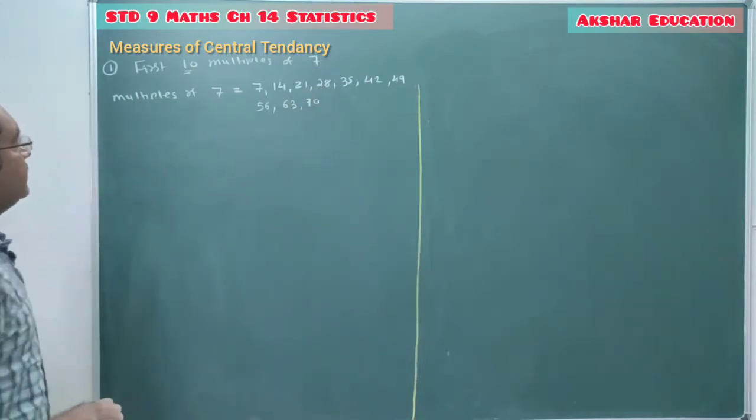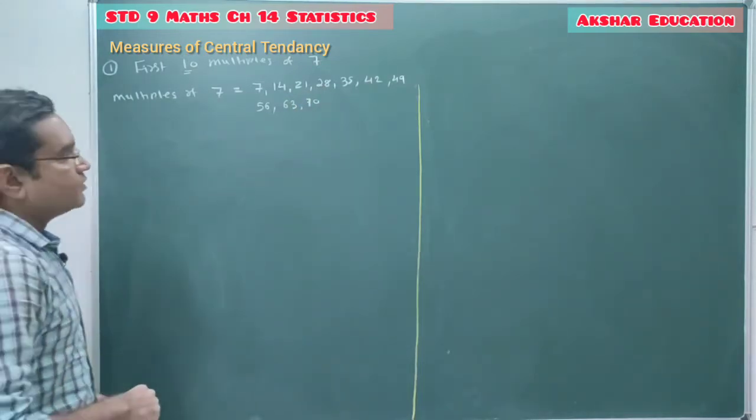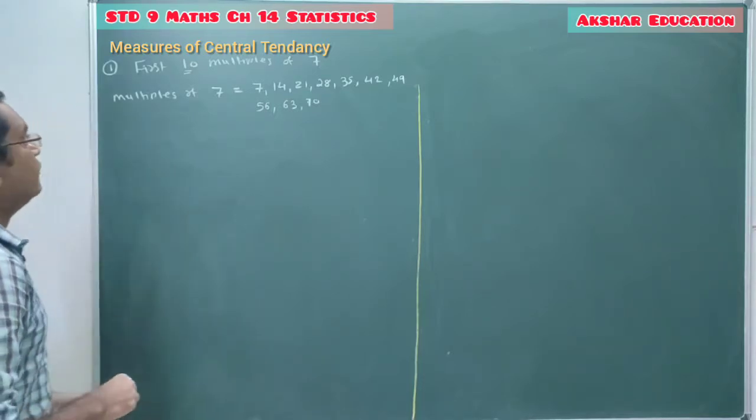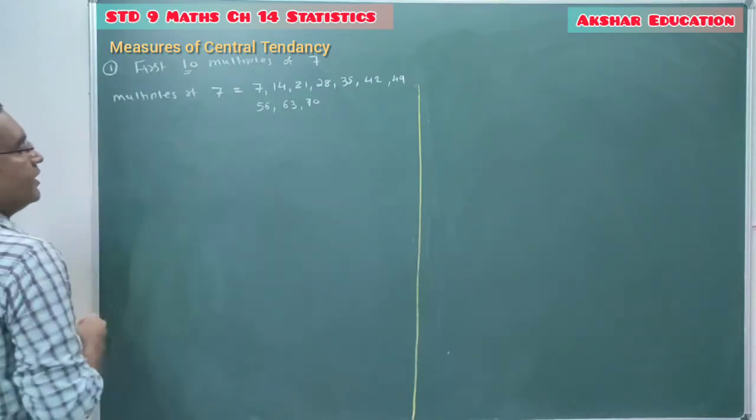Right? So these are the first 10 multiples of 7. You have to find the mean of this given data.